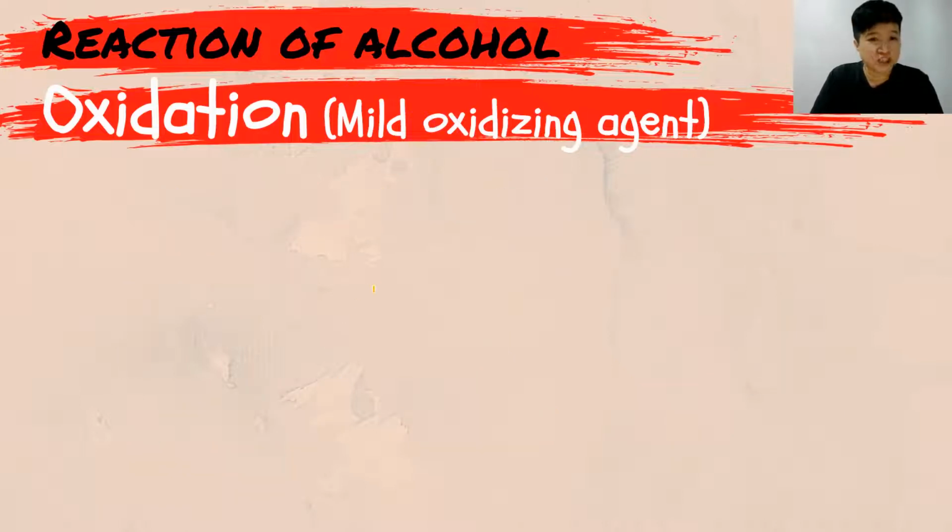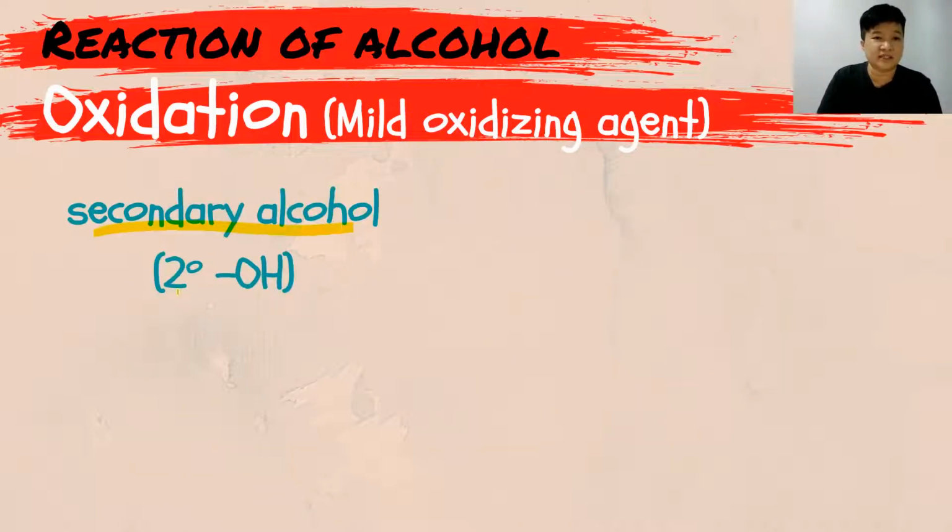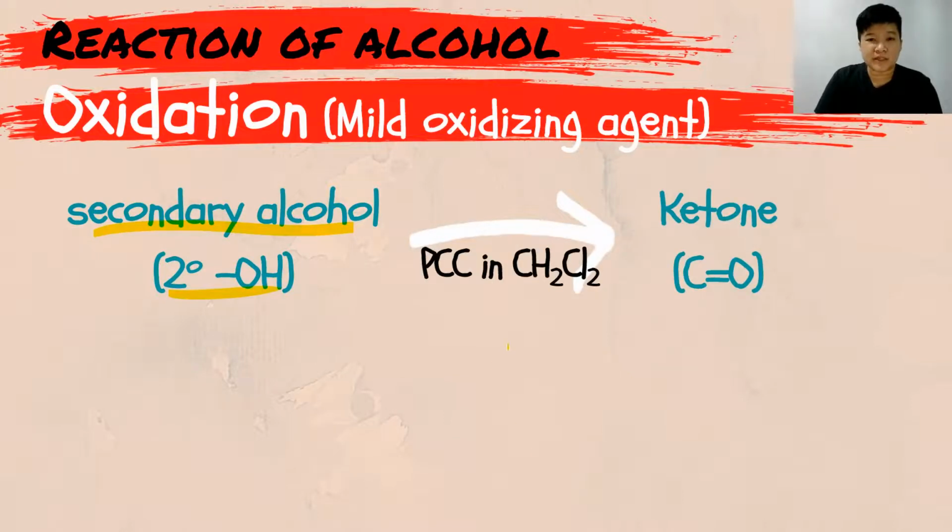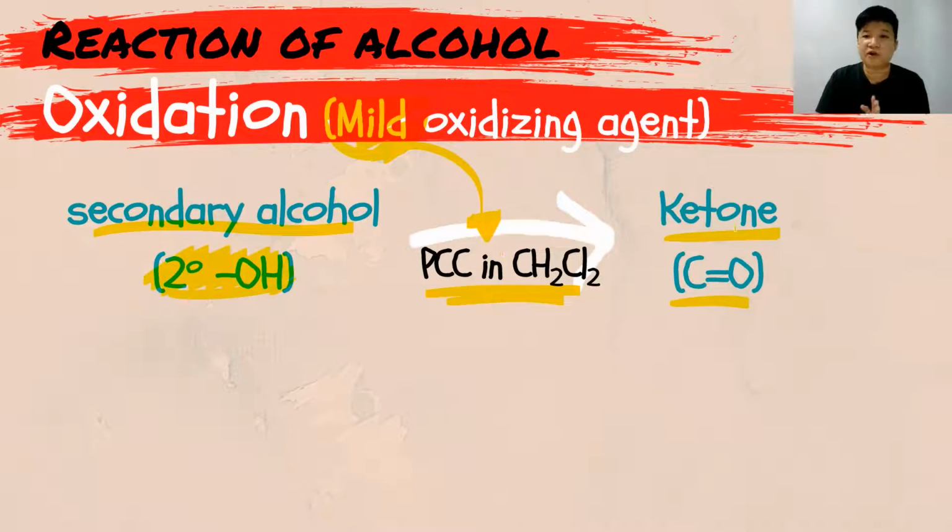Let's look at the changes when we have secondary alcohol undergo oxidation by using PCC. You will still get ketone. This is the same. No matter if it's a strong oxidizing agent or a mild oxidizing agent over here, which is your PCC, your secondary alcohol will forever produce ketone. Ketone means your double bond O attached to a carbon, sitting in between carbons.